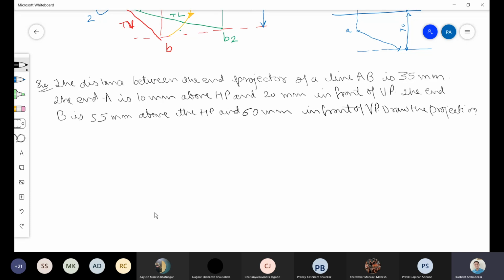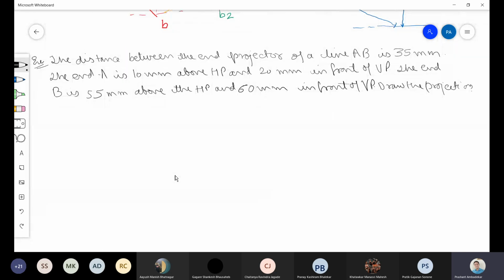So this is the question which you all will be solving now. Meanwhile, I am calling few of the students. They will quickly turn on their camera and show me what they have already drawn till now. So we'll start with Amay Dubey.